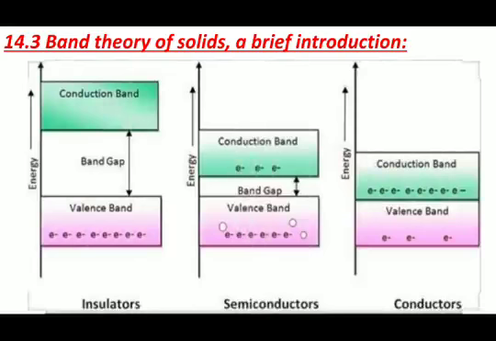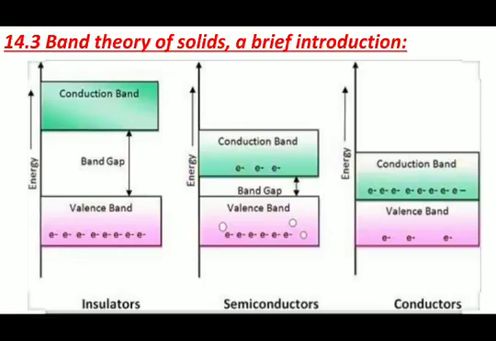Observe this graph. As you can see here, we have the insulator, semiconductor and conductor. This is the energy band diagram of the insulator, of the semiconductor and of the conductor. Just observe the energy band diagram of the insulator. In this case, as shown in the diagram, a large band gap, that is Eg, exists.